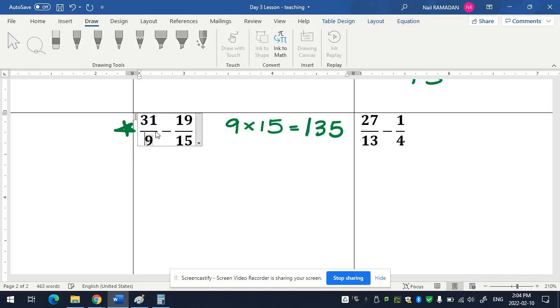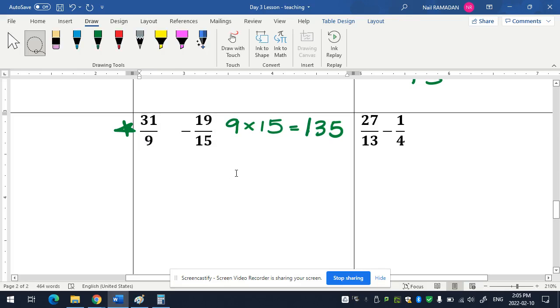Okay. So 9 times 15, which means also here, times what? Yes. Top is the same as the bottom here.